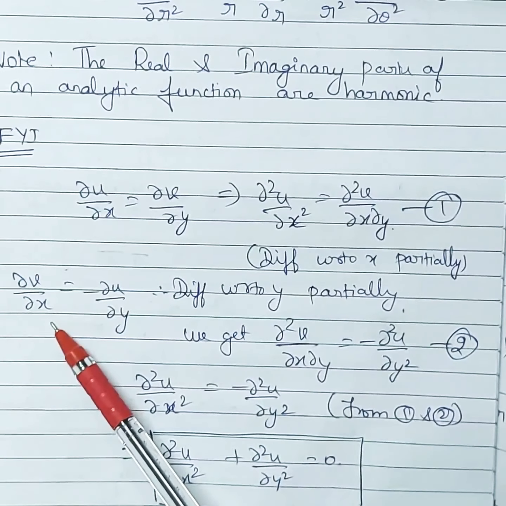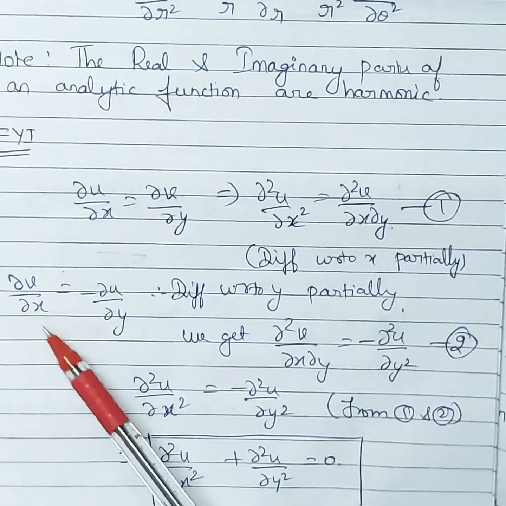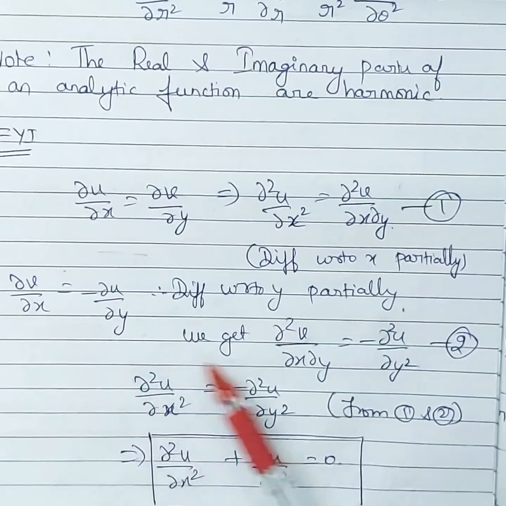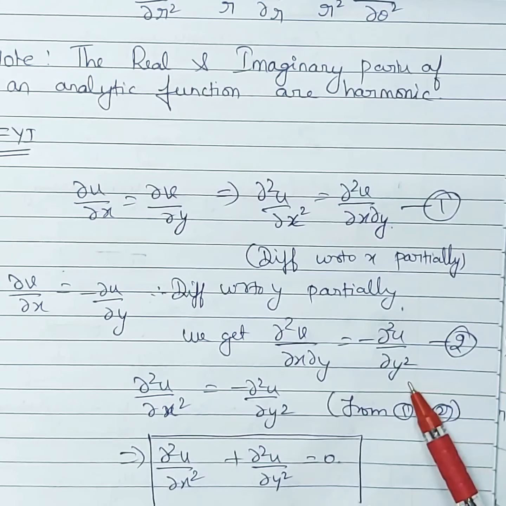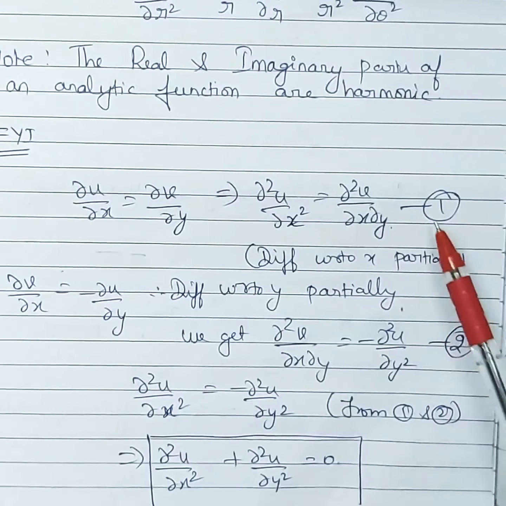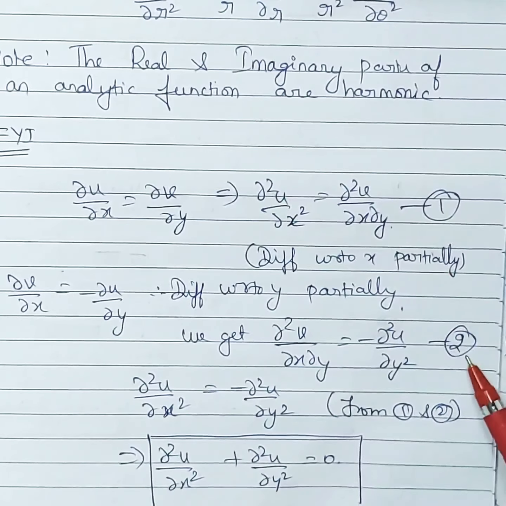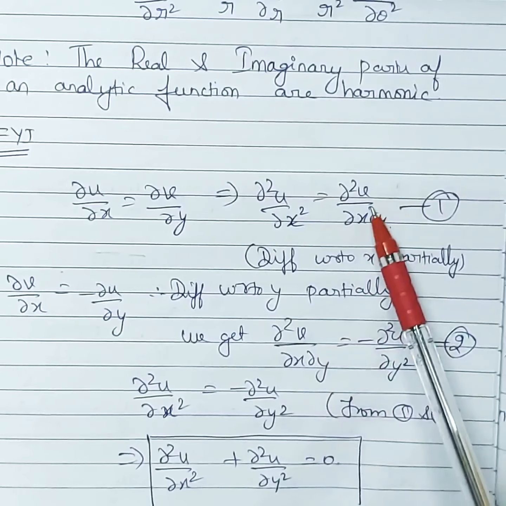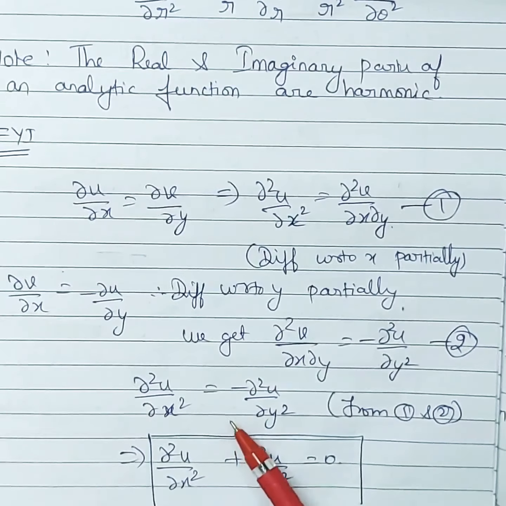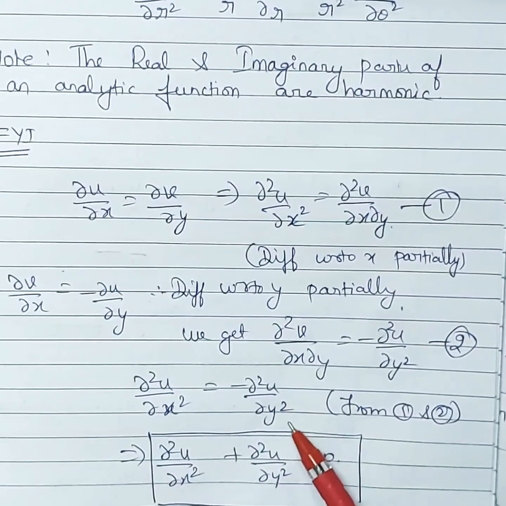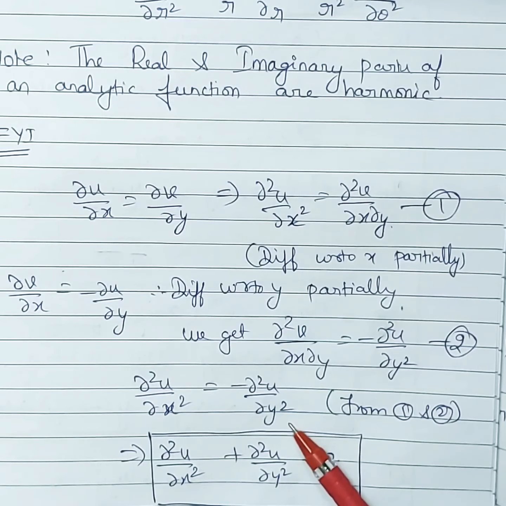So we are partially differentiating this with respect to y. So we'll get del square v by del x del y is equal to minus del square u by del y square. Okay. So now we have equations 1 and 2 and we are going to equate these two. So what will we get? Del square u by del x square is equal to minus del square u by del y square.